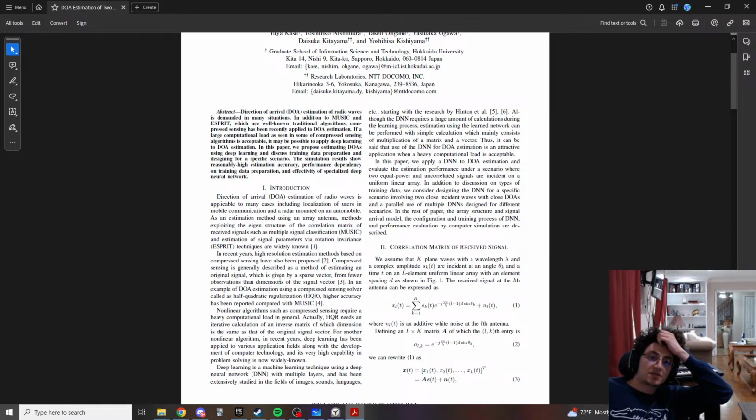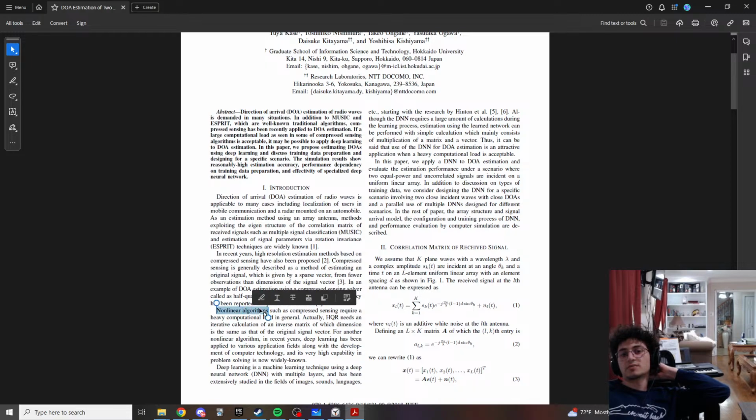I'm glad I don't have to figure out what an ordinal signal means. Fewer observations than dimensions. Okay. In an example of DOA estimation using a compressed sensing solver called half-quadratic regularization, higher accuracy has been reported compared with MUSIC. Okay.